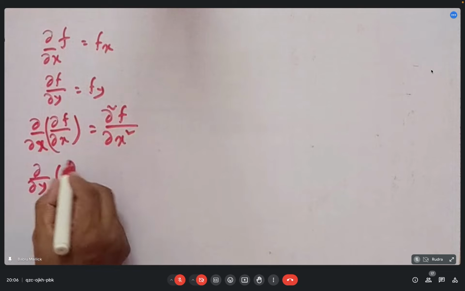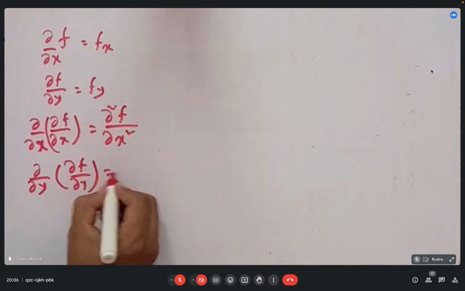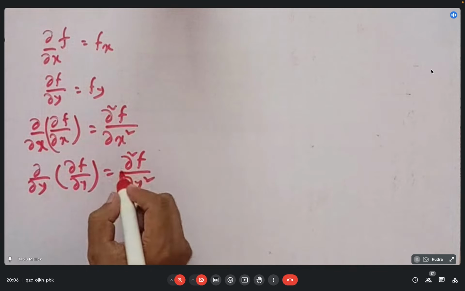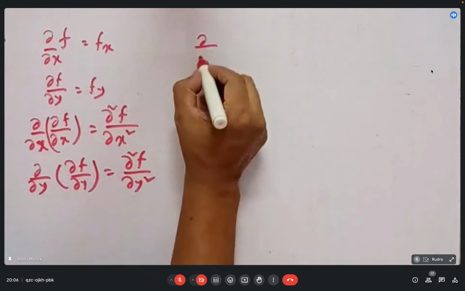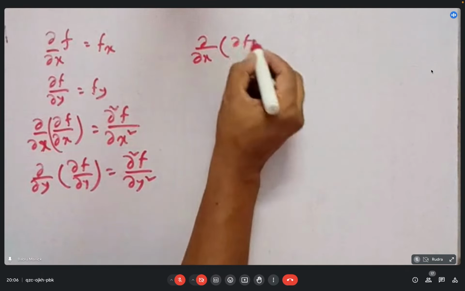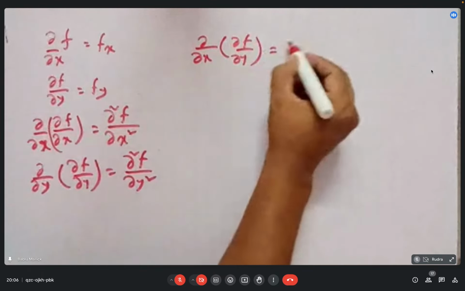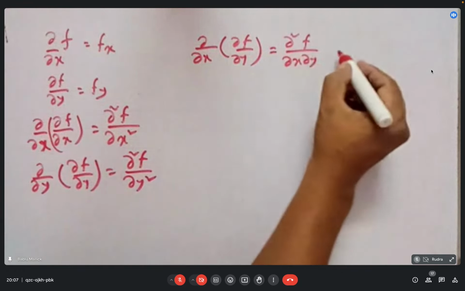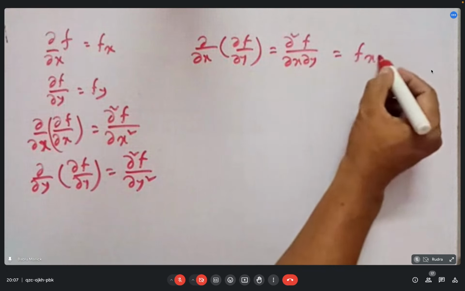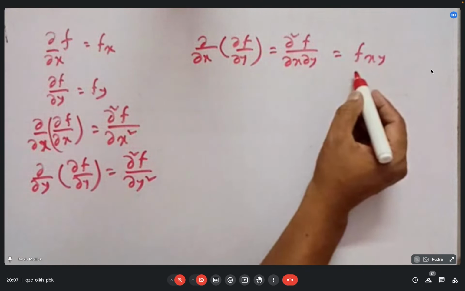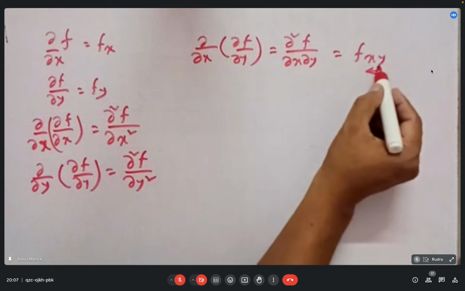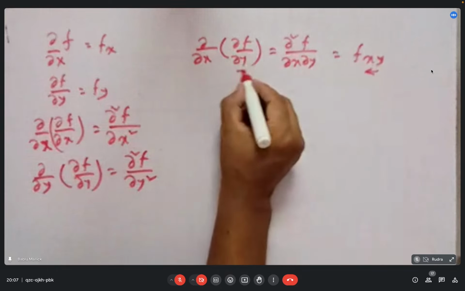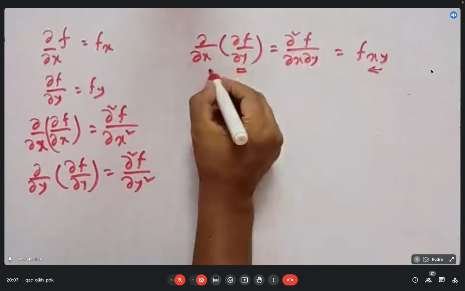Del y of del f del y can be written as del 2f del y2. Del x of del f del y can be written as del 2f del x del y, or fxy. Here fxy means first we differentiate with respect to y, then with respect to x.